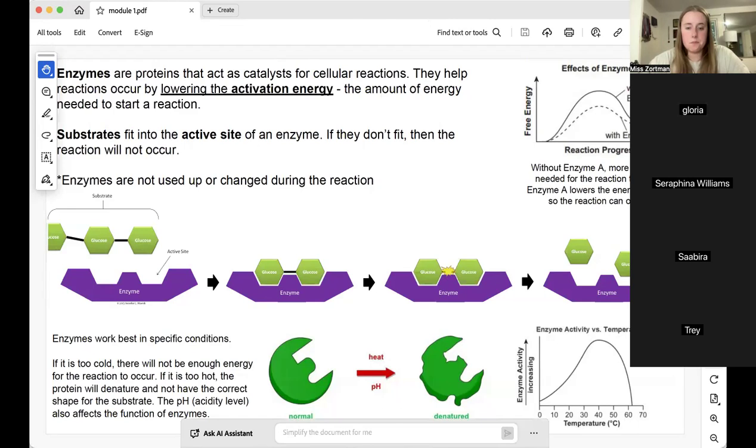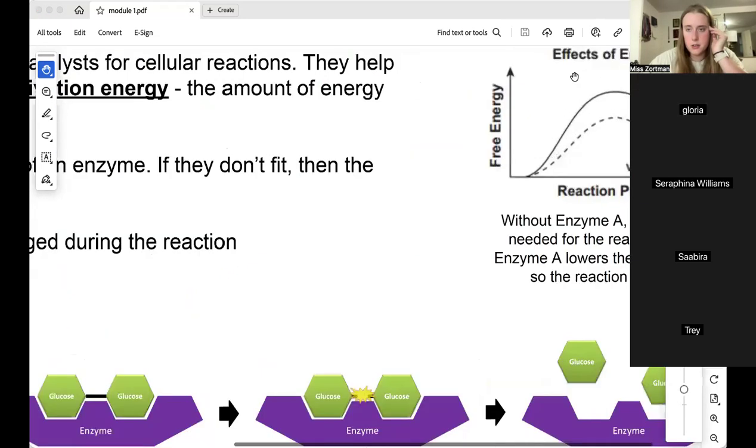So the way that it speeds up a reaction is it's going to lower your activation energy, which is exactly what it sounds like. Activation energy is the amount of energy needed to activate or start a reaction. So over here, they have the little table.